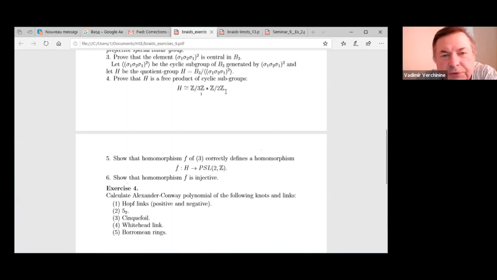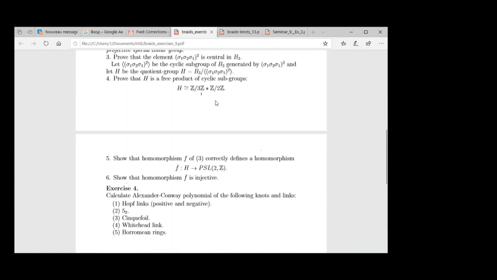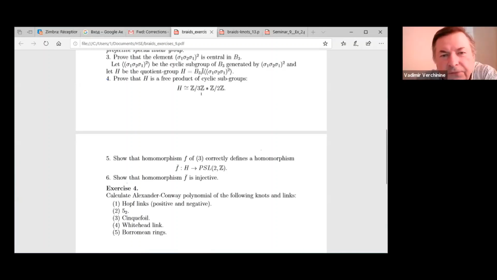No, there it's not a free product, but yes, if you need to factorize by this, then you have it. So this fourth exercise is especially for you, or answers your question. But after factorization, you are right.